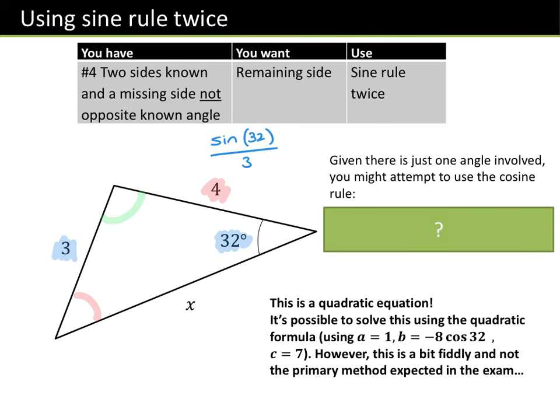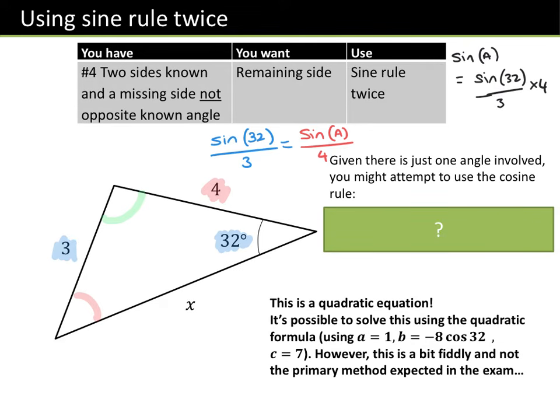Sine of 32 over 3 is going to equal sine of our unknown angle A over 4, okay? So if I put it over here, I'm going to get sine of A equals sine of 32 over 3 multiplied by 4.